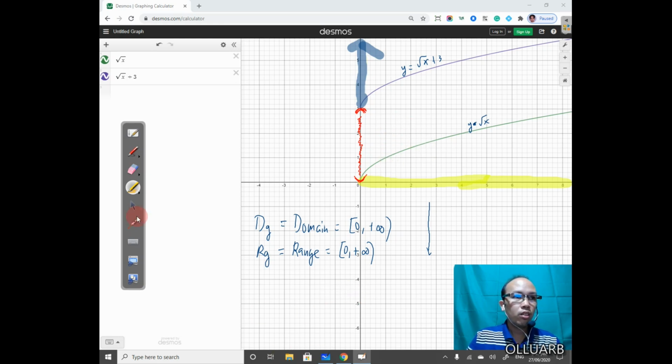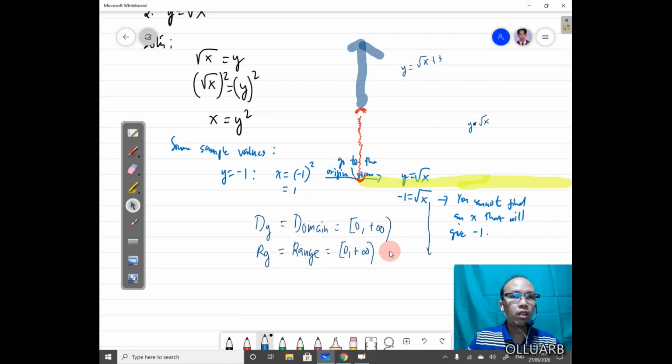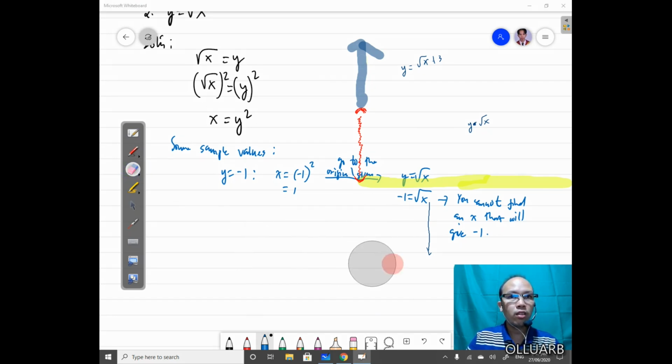Okay, so that's for finding the domain and the range. Let's erase this.